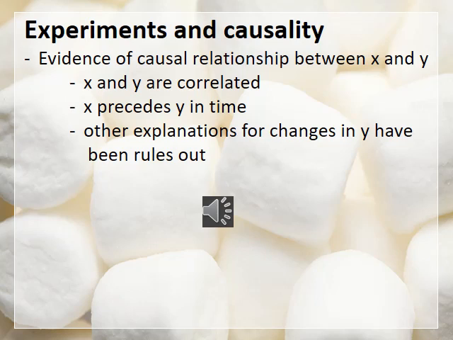Third criteria, I have to rule out possible lurking variables that would affect self-esteem, but without being time spent on social media. Academic success would be maybe a lurking variable, social life, family life, romantic relationships. These things affect someone's self-esteem, but they're not social media.